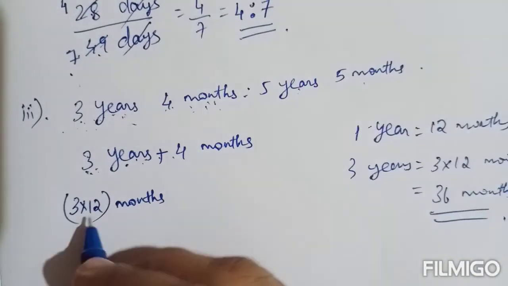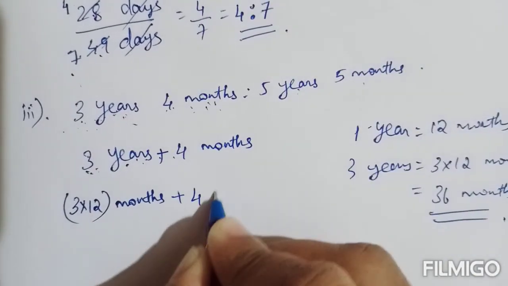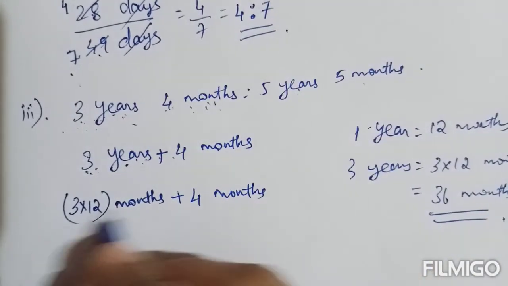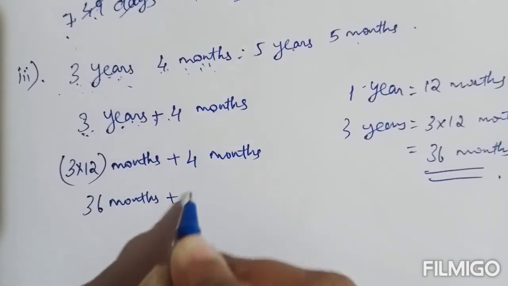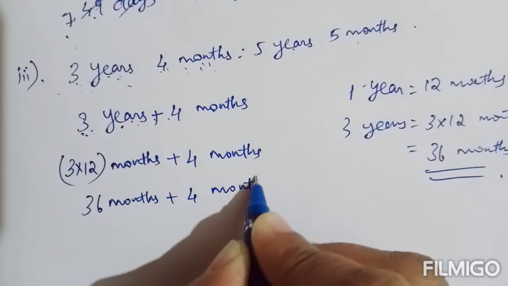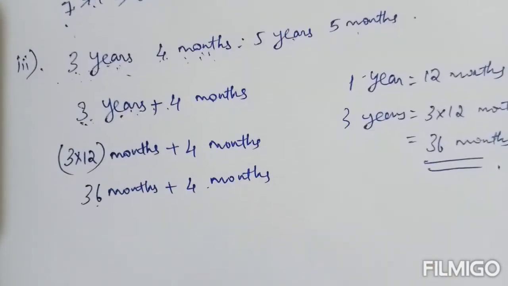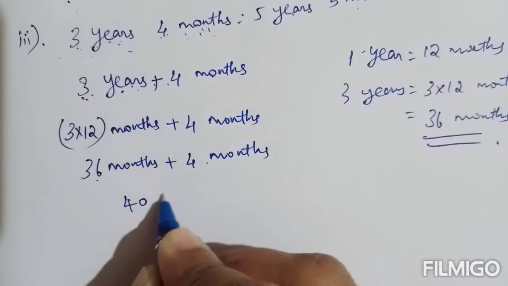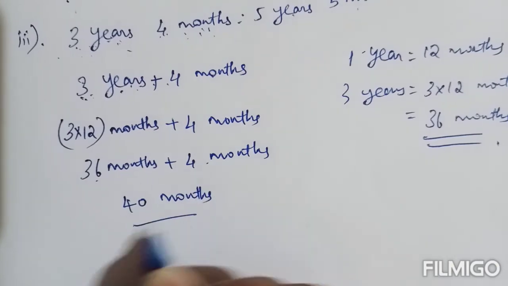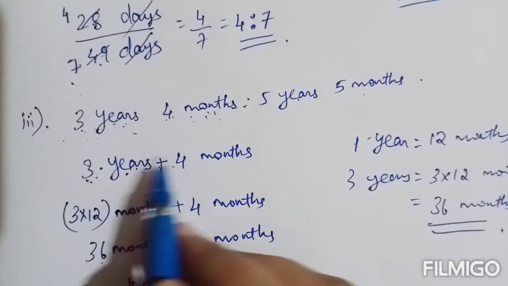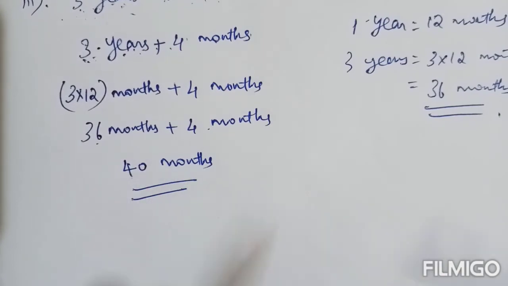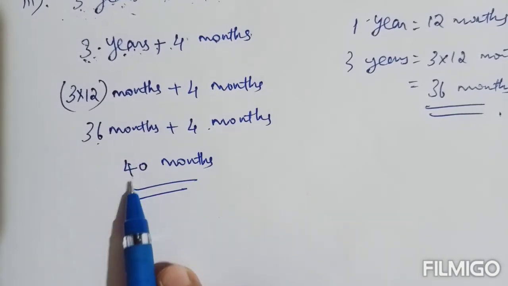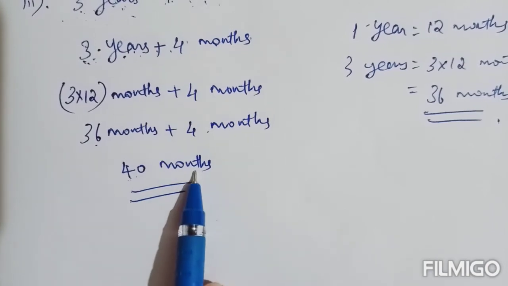So 3 into 12 months plus 4 months. 3 into 12 is 36 months plus 4 months. 36 plus 4 is 40 months. Okay, so 3 years 4 months we got as 40 months. We got the first quantity in 1 unit.